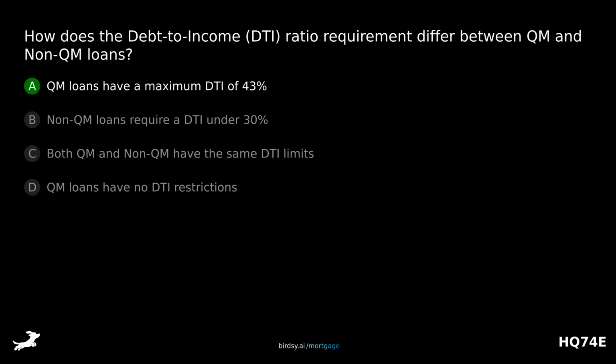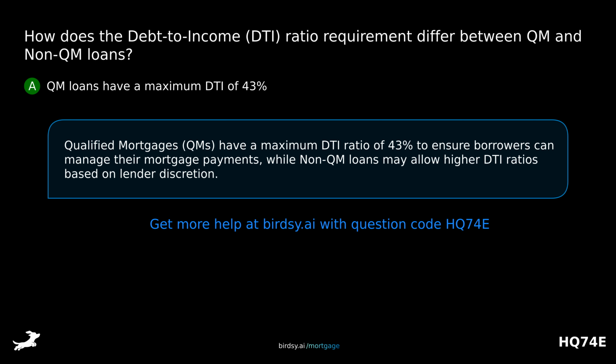The answer is A, QM loans have a maximum DTI of 43%. Qualified mortgages have a maximum DTI ratio of 43% to ensure borrowers can manage their mortgage payments, while non-QM loans may allow higher DTI ratios based on lender discretion.